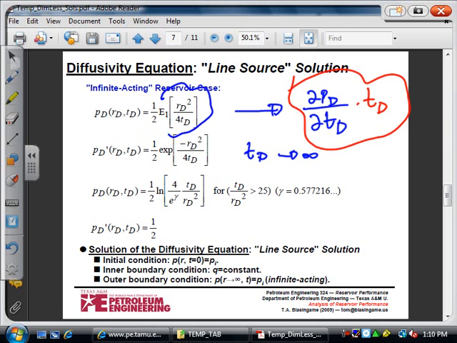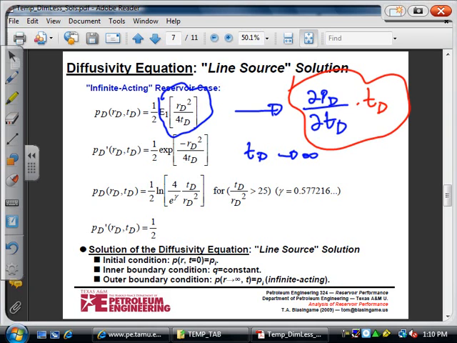So as I told you, this is the exponential integral function. It's tedious to compute this function, and you have to write a program to compute the values of the exponential integral. But you can expand this exponential integral in series form.